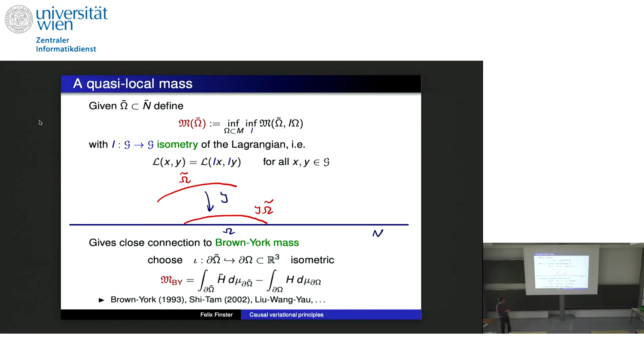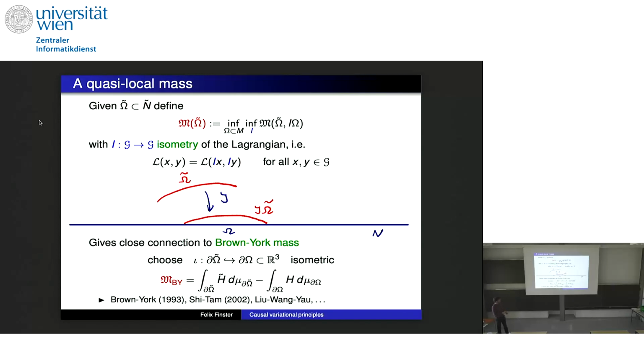And then I allow that one of the sets here, doesn't really matter, is isometrically transformed, and then I also take the infimum over all the isometries. The way to think of it is as follows. Suppose this is here our vacuum. We consider this set omega tilde. With this isometry, we can kind of move this around and try to make this fit as good as possible.